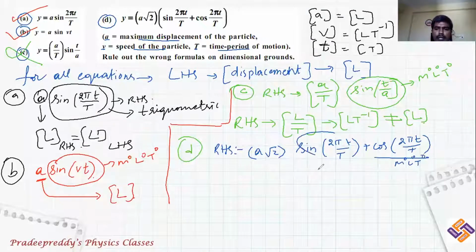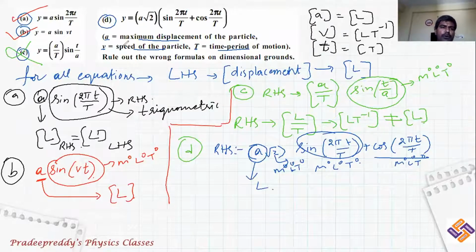This also has no dimensions, and this also has no dimension. What is left over here? A. A has dimension L. Therefore, option 4 is also correct. Which is wrong? The third option is wrong because the dimensions on the left hand side and right hand side of the equation are not equal.